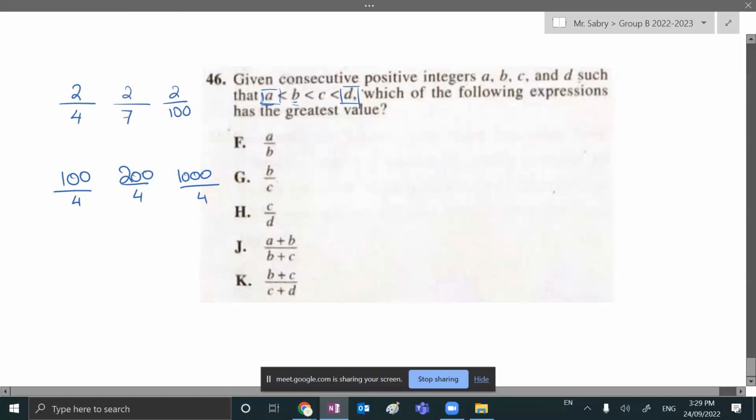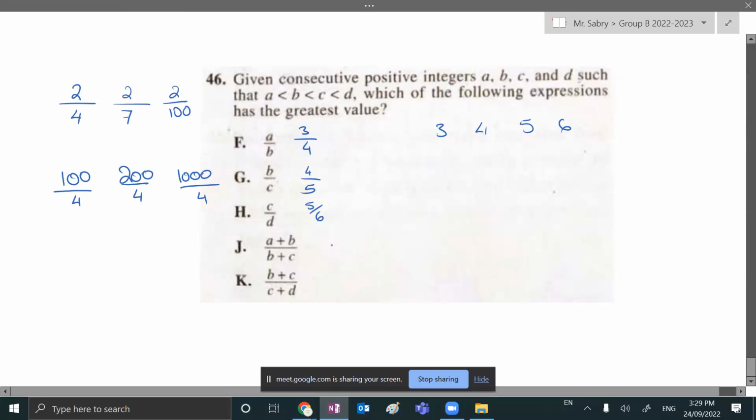I can actually try out numbers here. You can use any numbers, like 3, 4, 5, and 6. So A over B is 3 over 4, B over C is 4 over 5, and C over D is 5 over 6.